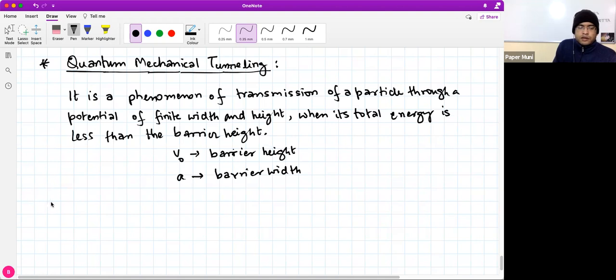Now let's do some approximation. What if V naught and a are very large? What if the potential is very large, and what if the barrier width is very large?